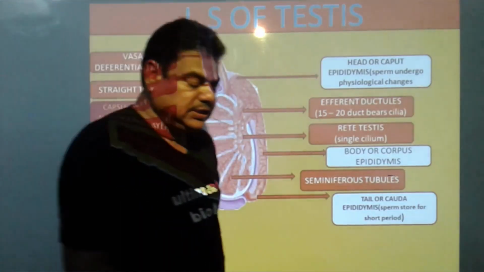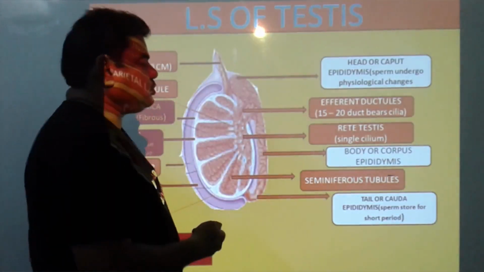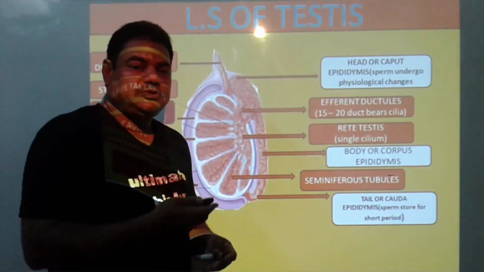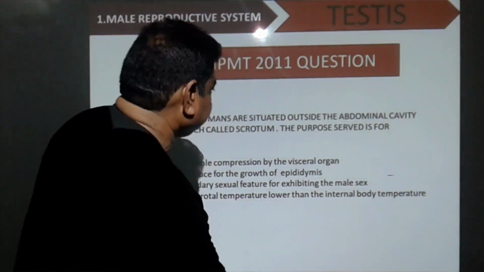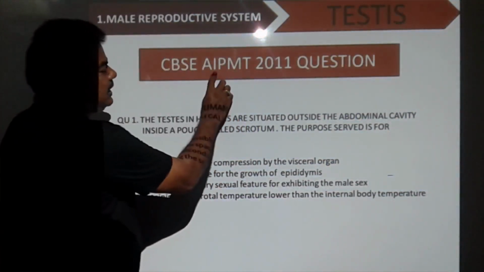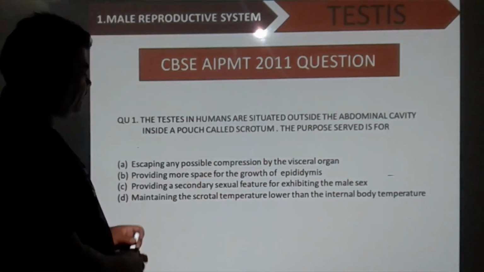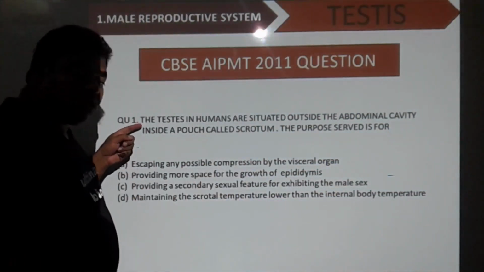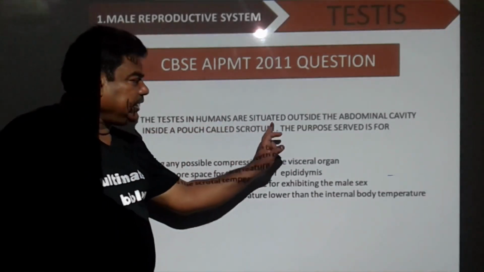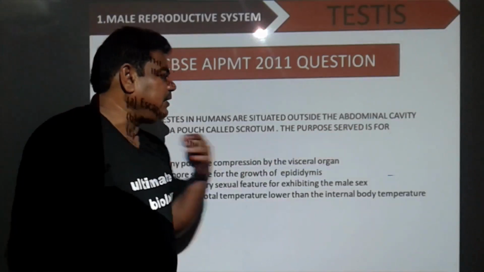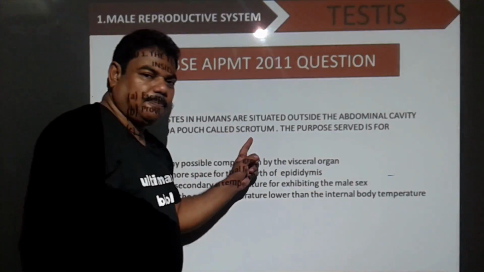On the LS of testes, AIPMT constructs questions like this. We will see some MCQs on the LS of testes. See here, CBSE AIPMT 2011. The question goes like this: the testes in humans are situated outside the abdominal cavity, inside a pouch called the scrotum.